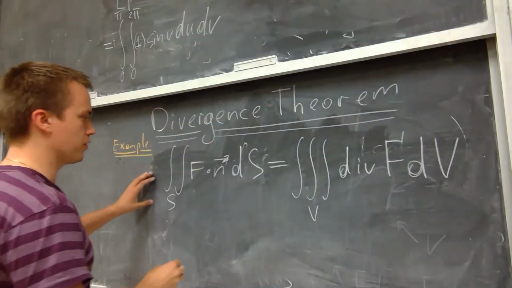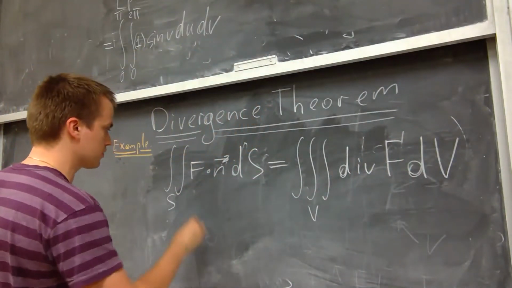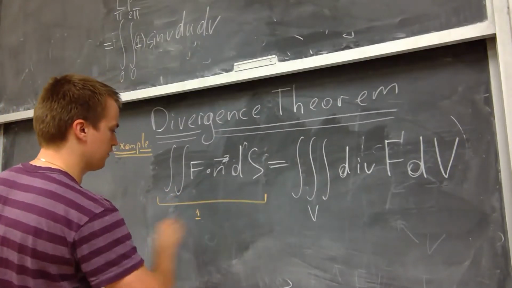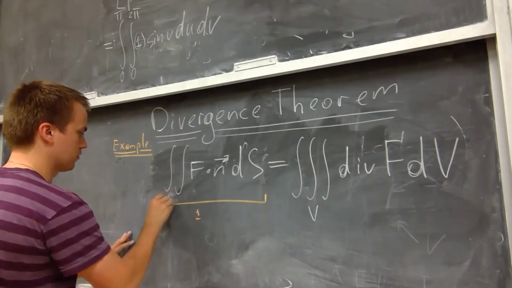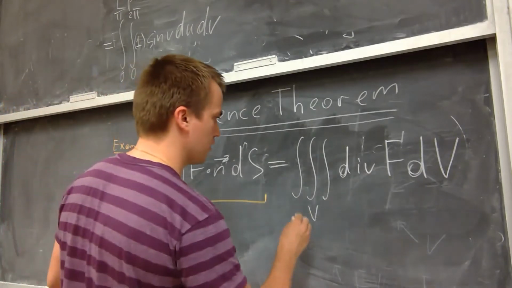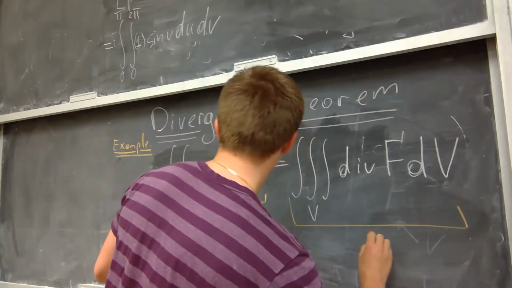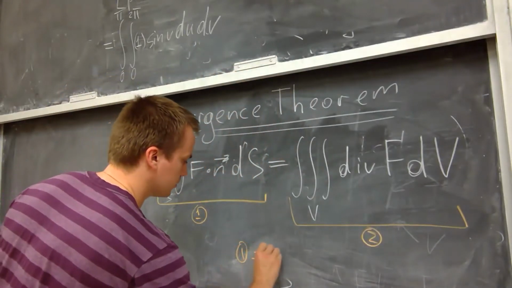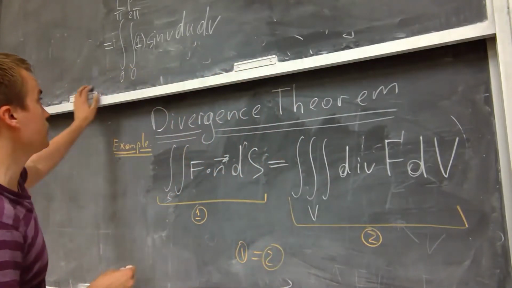Right now I'm doing the first part, and my first goal is to compute this integral over S and find its value. Then I want to find the value of this integral, 2, and I want to show that 1 equals 2. So let's finish this computation over here.